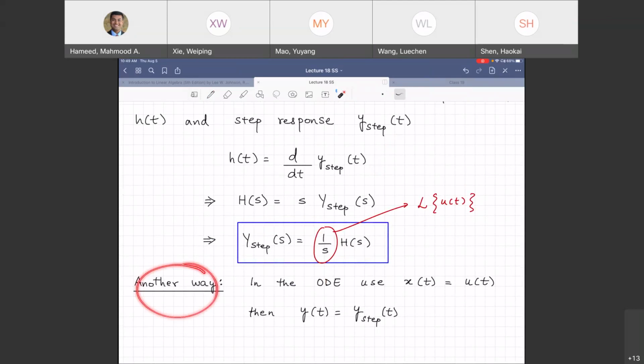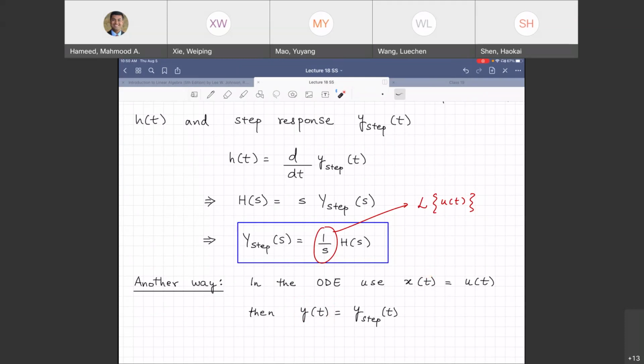Another way of doing this would be with the ordinary differential equation. In the differential equation that involves a bunch of y's and x, right, in time domain, use x as the unit step and y's all replaced by the step response. So if you change all the inputs to u's and change all the outputs to the step response, now you have a differential equation involving u's and y step. What can you do when you go to Laplace?